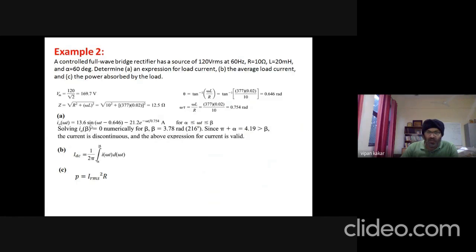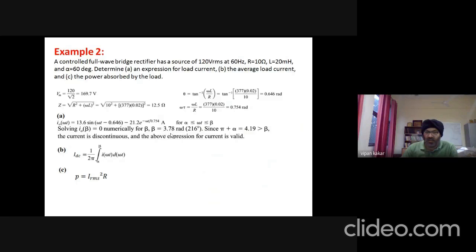Now, using that expression in 4.18, we can find out the value of beta by solving this 4.18 by substituting current at beta equal to 0. This equation at beta equal to 0.